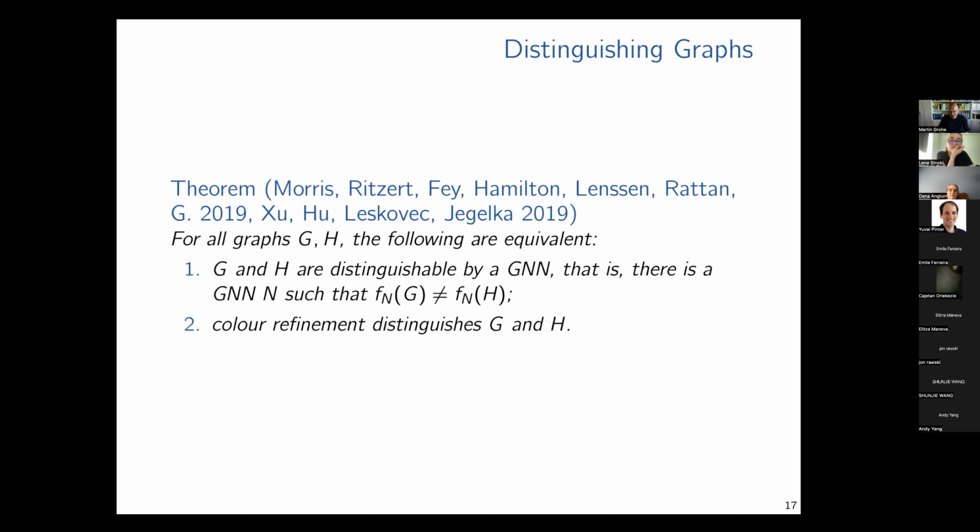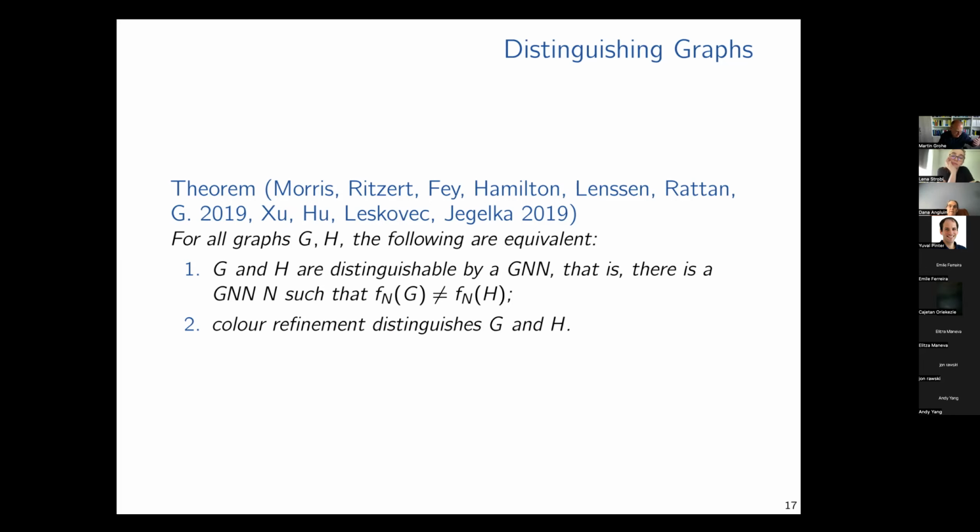The other direction: we have to construct graph neural networks that essentially compute the colors of the color refinement algorithm, and there are two ways of doing this. Xu et al. applied the universality of feed-forward neural networks to construct a function that does the same thing as color refinement.